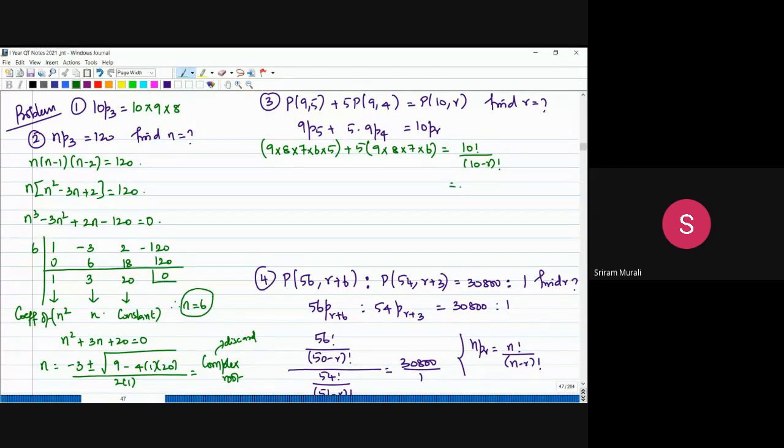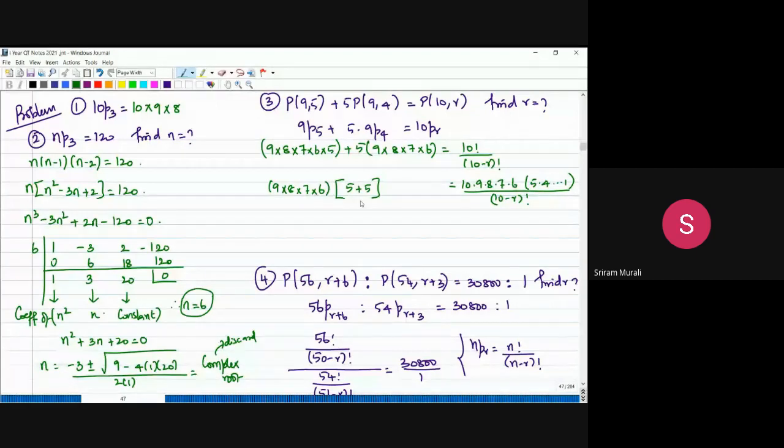Now, what is 10 factorial? In a 10 factorial, can you not have 10, 9, 8, 7, 6 into 5, 4, 3, 2, 1 divided by 10 minus r factorial? What is a common factor here? 9, 8, 7, 6 is a common factor. What is left? 5 plus 5.